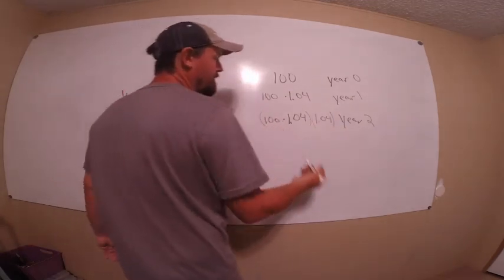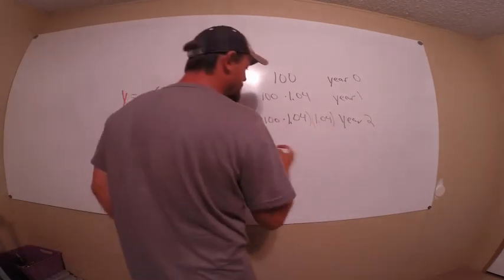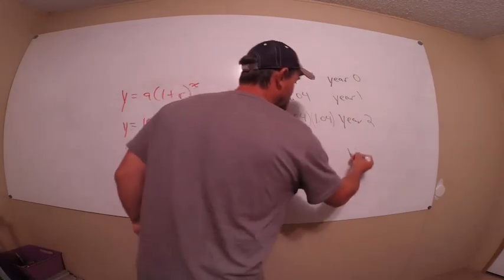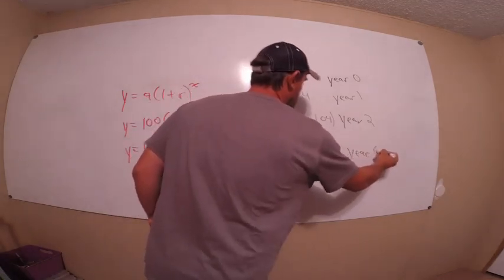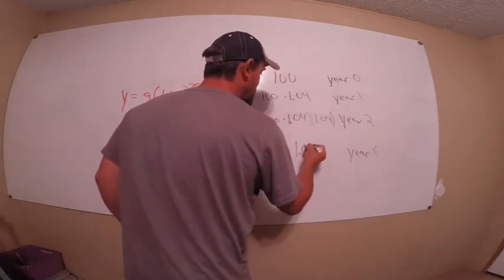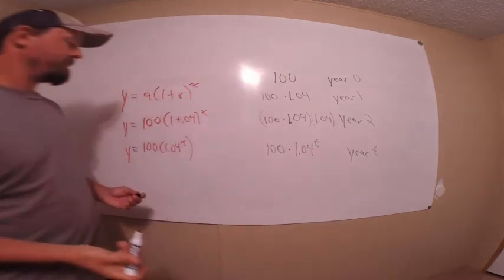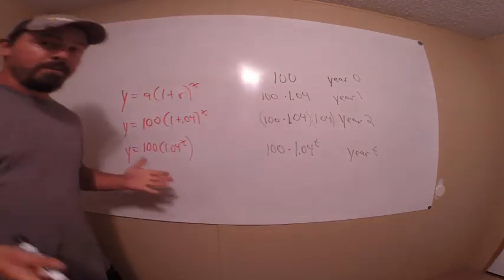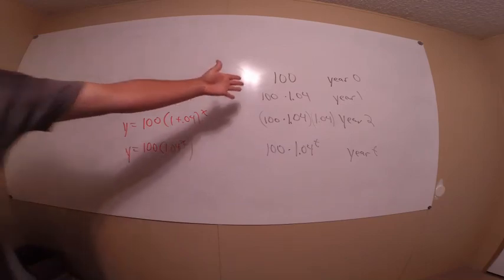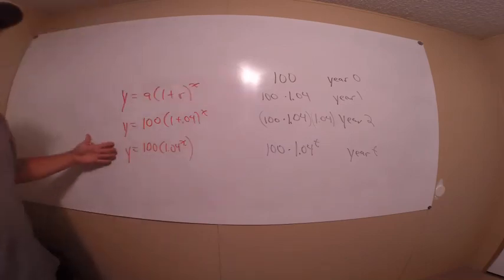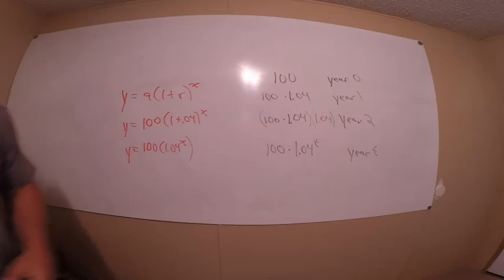And the 1.04 just keeps increasing as the years go along. So in year T, it's going to be 100 times 1.04 to the T. So whichever method works for you. If you like working through it like this and finding the answer, that's fine. If you like using the straight definition, it's pretty easy. That's fine as well.